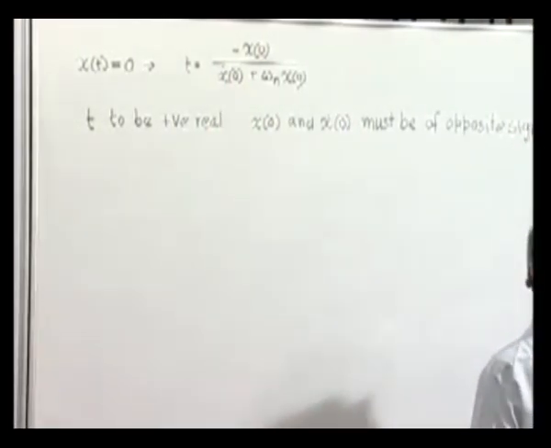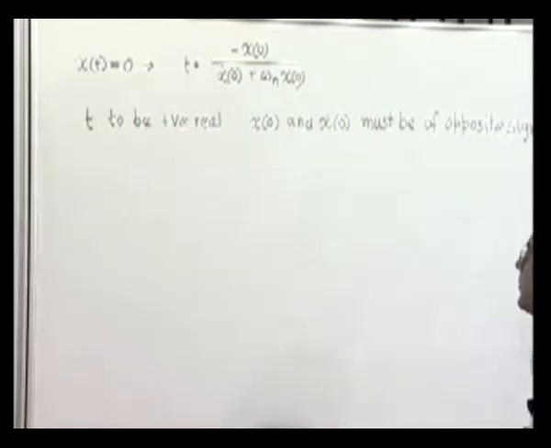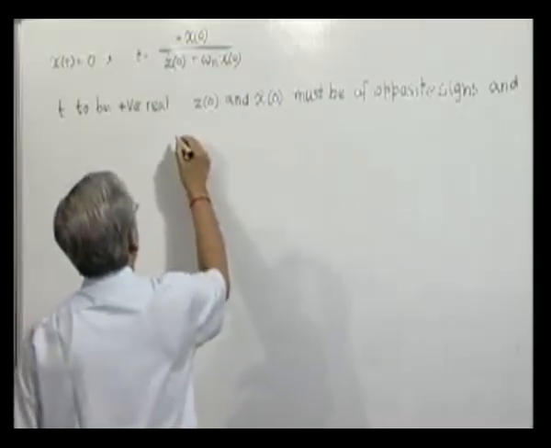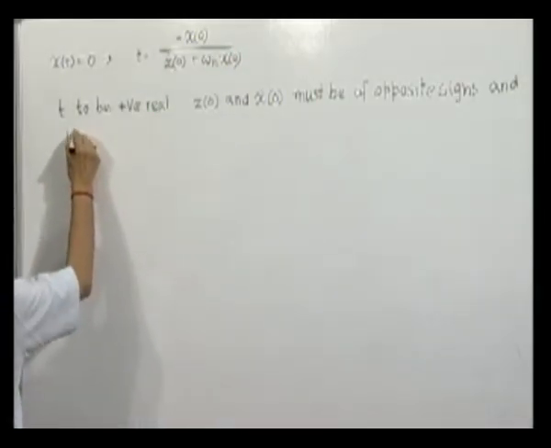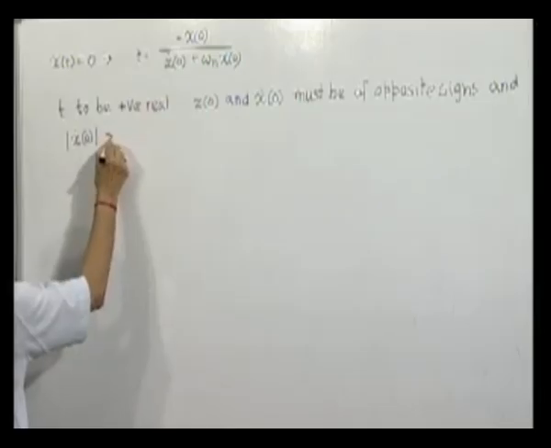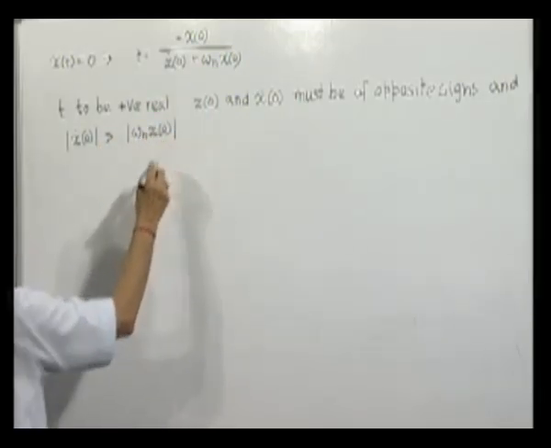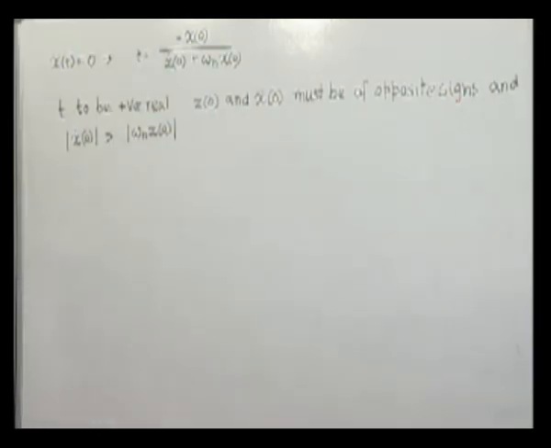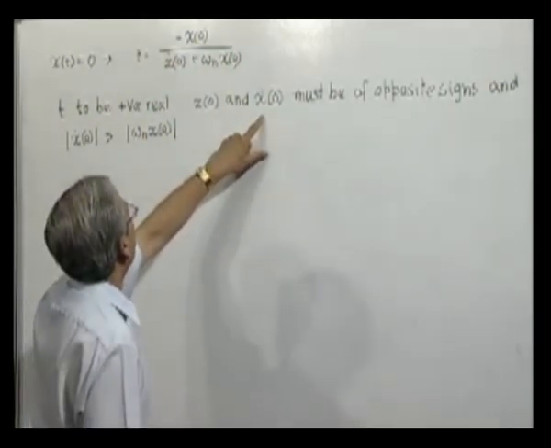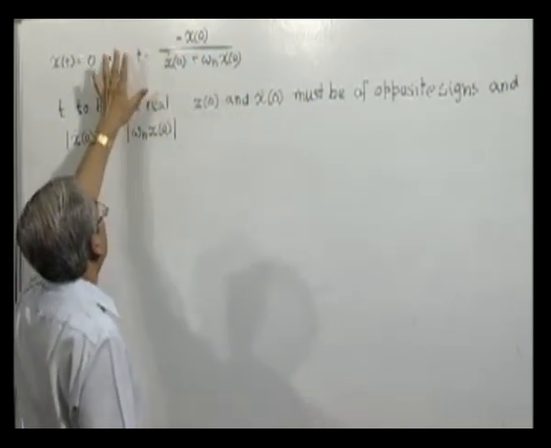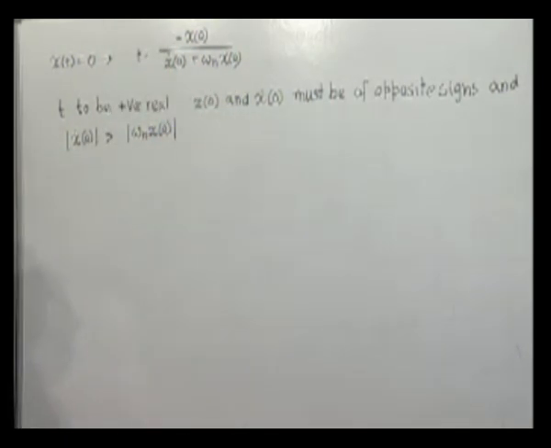And that is not enough as before. That means the velocity has to be sufficiently large, and the magnitude of the velocity has to be more than the magnitude of this. So here the case is simplified a little bit, but the basic logic is the same: when they are of the same sign, that is both positive or both negative, you will find that it is never possible to make it a real positive number.